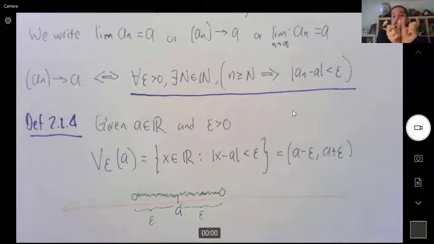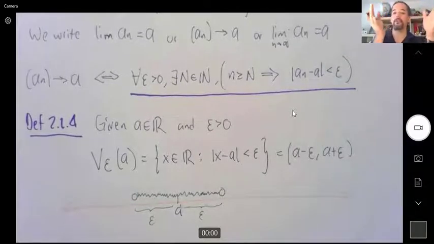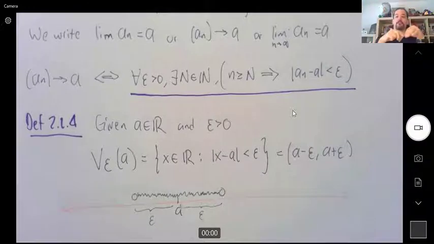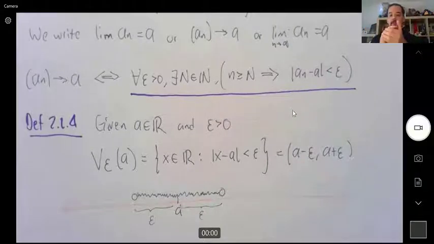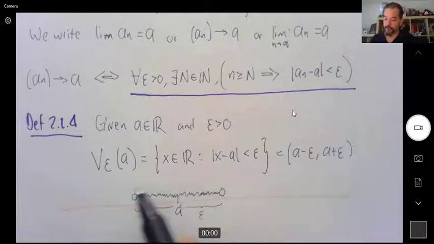If you want to think of radius, I mean, I know it's not a circle, but it could be like a circle, the equivalent of a circle in 1 dimension, right? A circle is in 2 dimensions, a sphere is in 3 dimensions. So this type of interval is like a circle in 1 dimension. And it's kind of like the circle centered at A of radius epsilon, right? So we don't call it a circle, we call it the epsilon neighborhood of A, right?